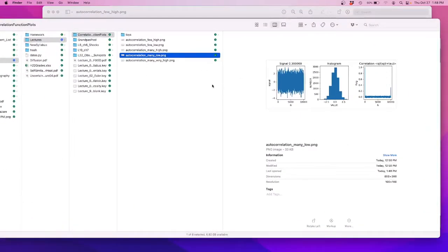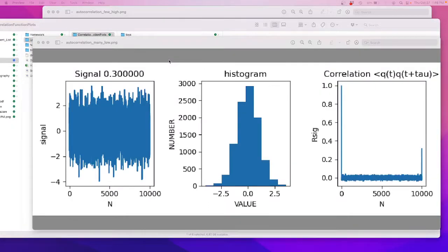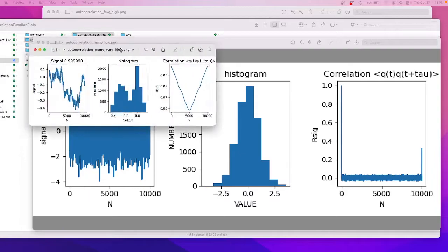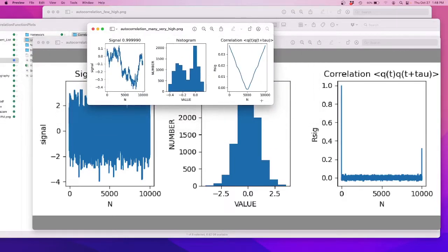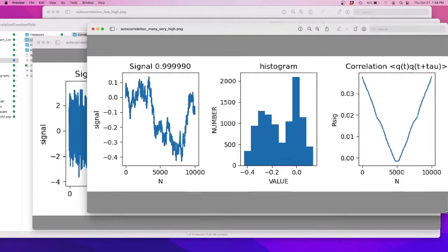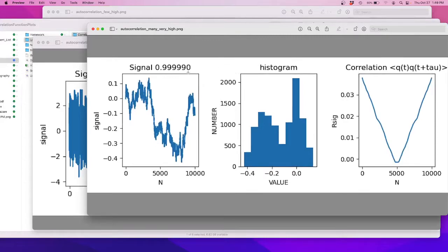But if I look at a more highly correlated signal, this is again a bunch more points. This is very highly correlated, a very high sampling rate signal, and you can see that the correlation function again falls off instead of just being steep, because this is a more correlated signal.